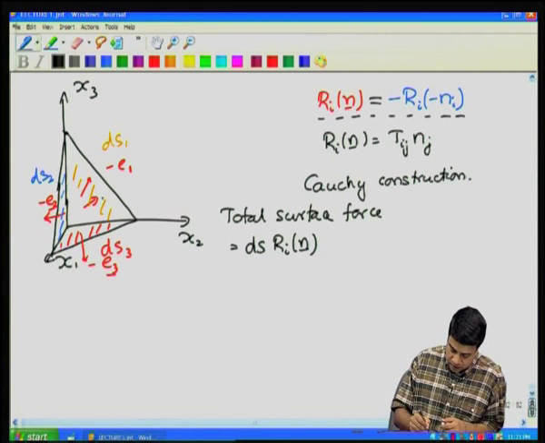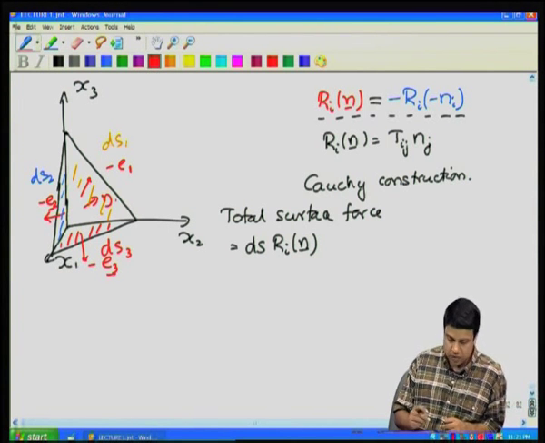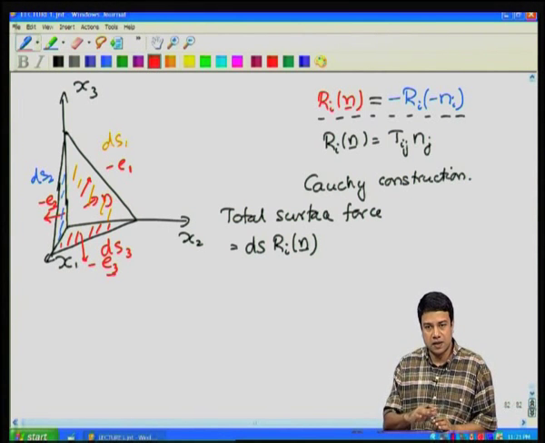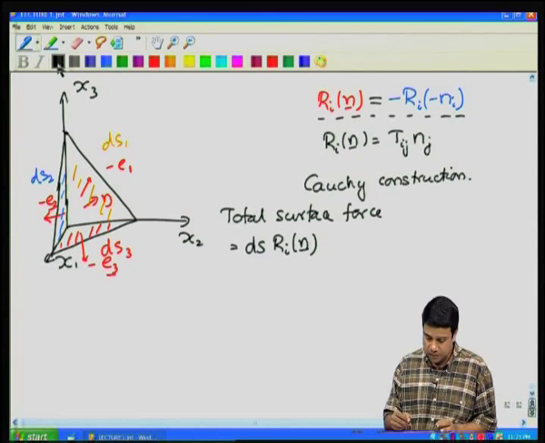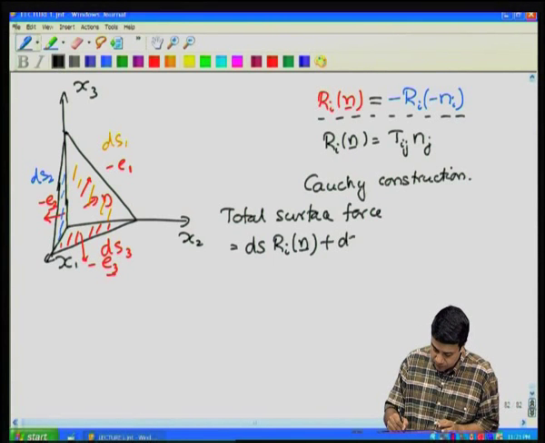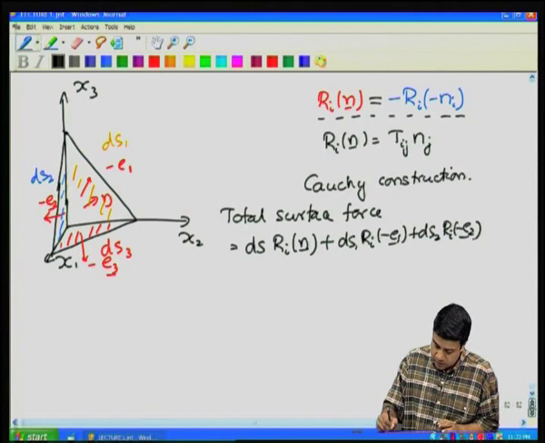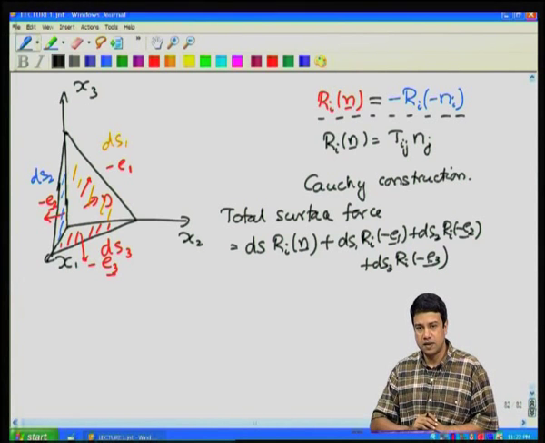So, this is n, the normal that is coming out of this angled surface. So, this is ds times r i of n, plus the contribution along these 3 planes: ds1 times r i of minus E1, plus ds3 times r i of minus E3. That is the total surface force.